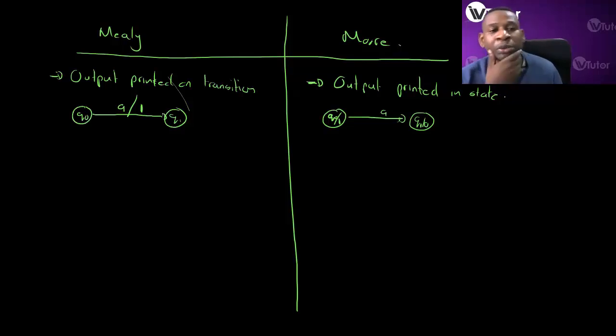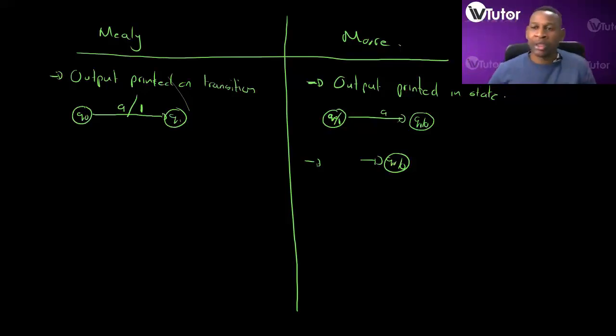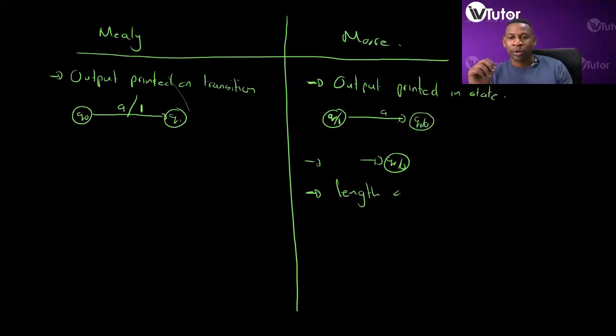Because of this, for a Moore machine, say you have an initial state Q0 with an output of 0. When we start the machine, we already have an output printed before we get any input, because of the nature of its operation. So the length of output is going to be 1 more than the length of input.